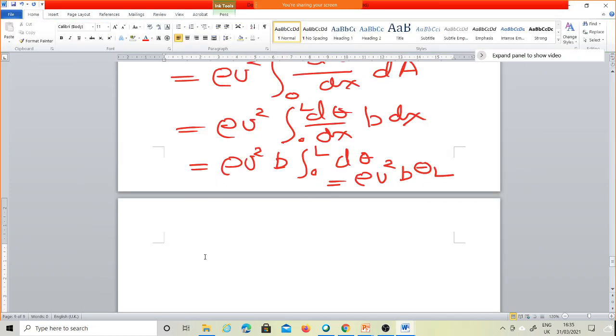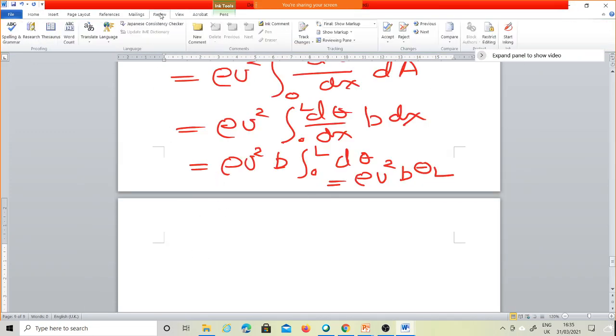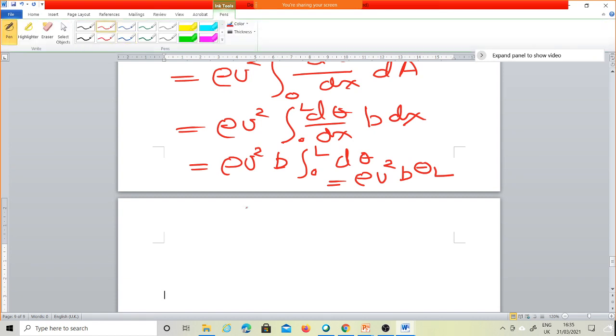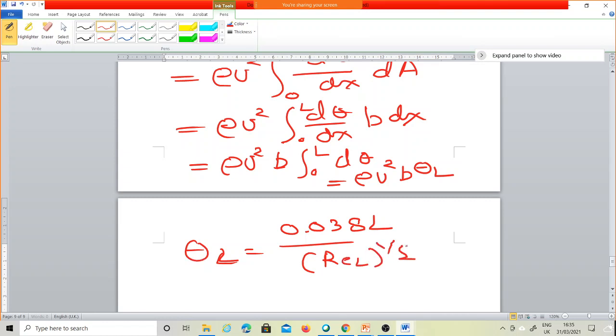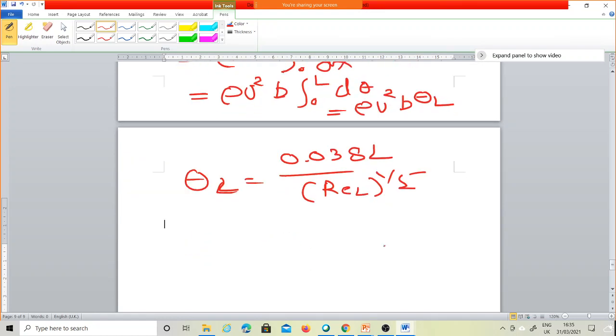So your theta L is given as 0.038 L divided by Re_L to the power 1/5. But you don't know Re_L, right?